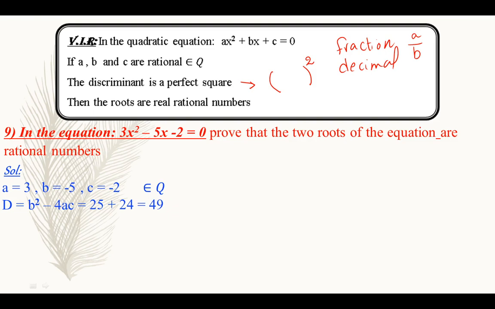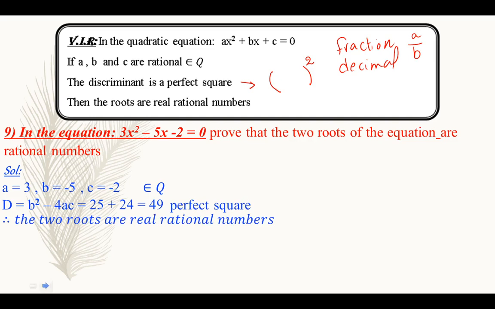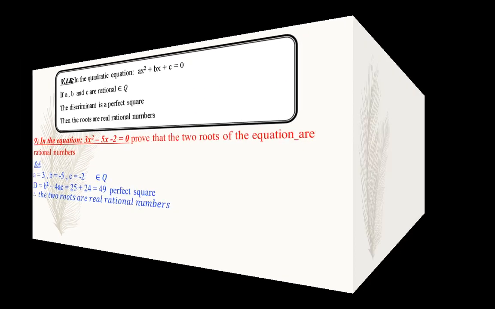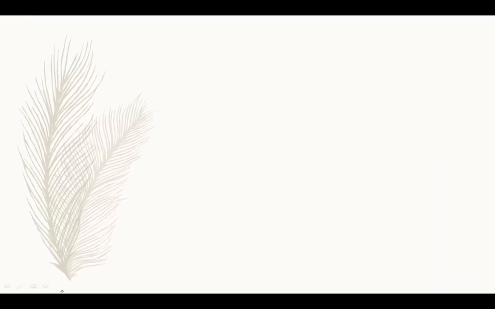You can see that the discriminant has a square root, because the square root of 49 is 7. So you have two conditions: a, b, c belong to Q, and the discriminant is a perfect square. So you will write that the two roots are real rational numbers. Okay?